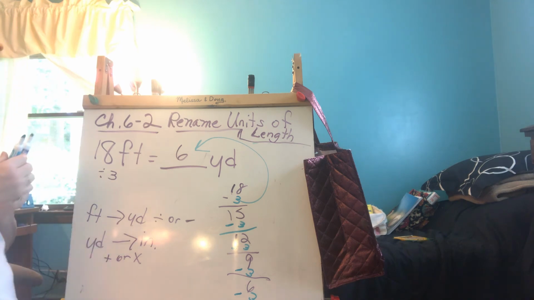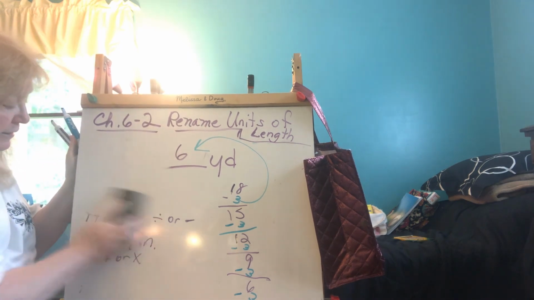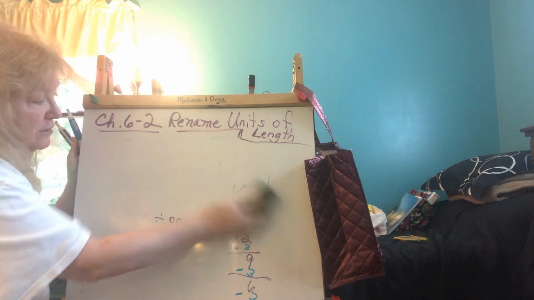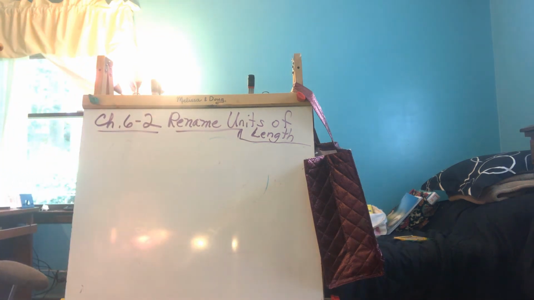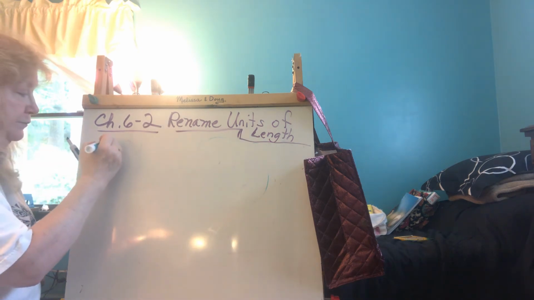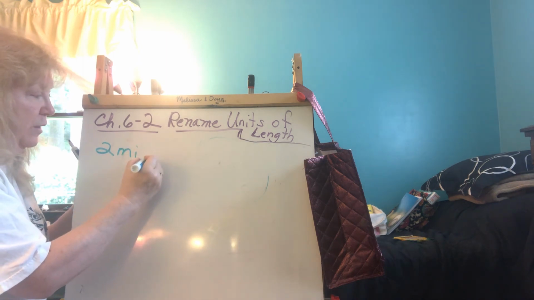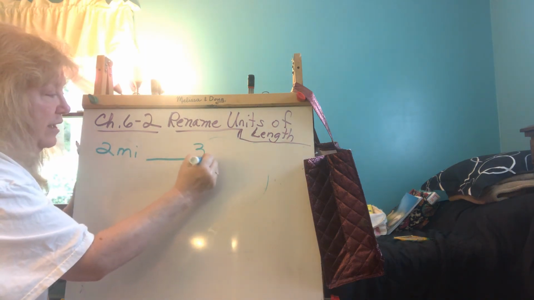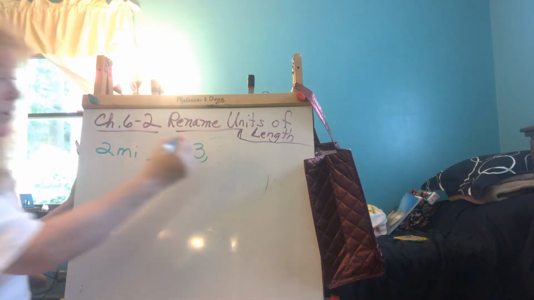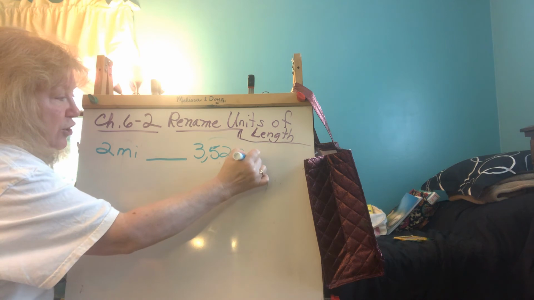Okay? Alrighty, let's try one more. Let's do one that involves miles now and see if we can do one that is miles and yards and feet. What if you were given 2 miles, and you were asked to compare it to, let's say, 3,520 yards.